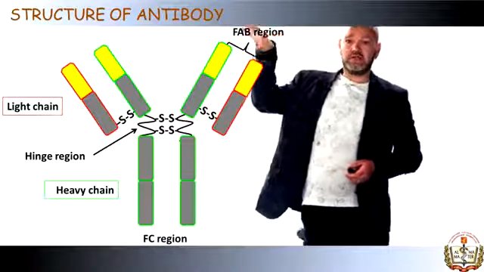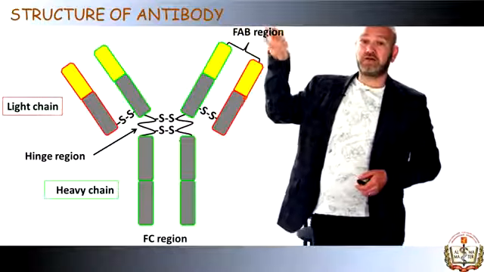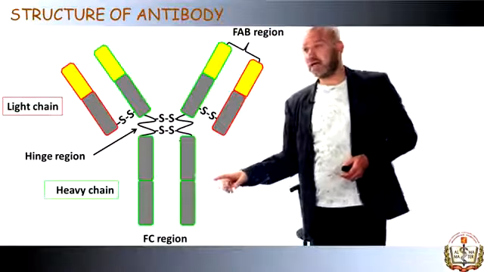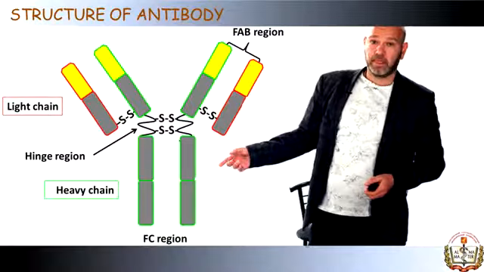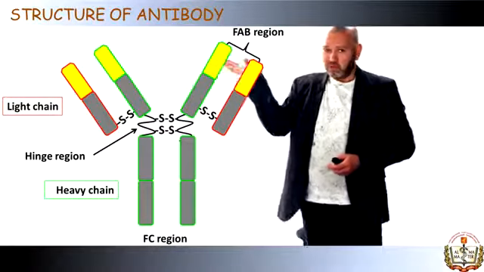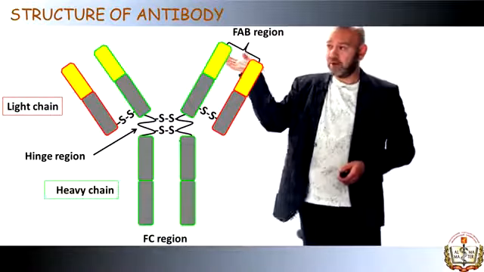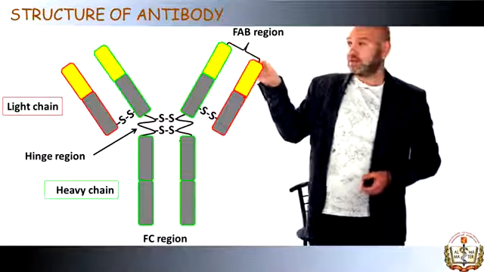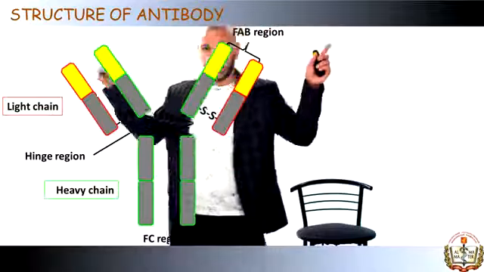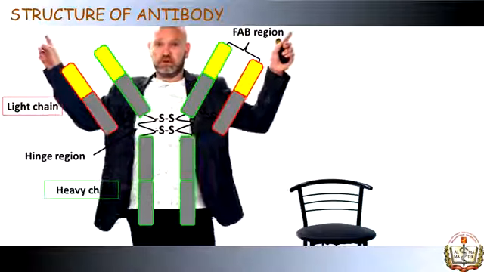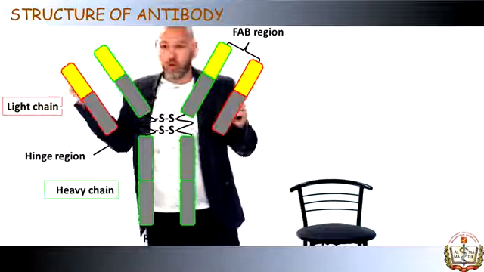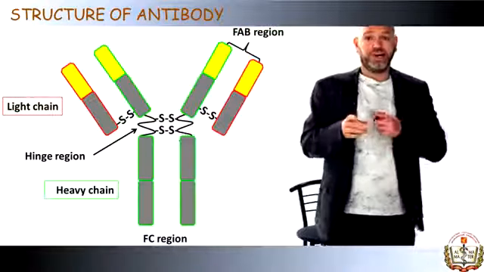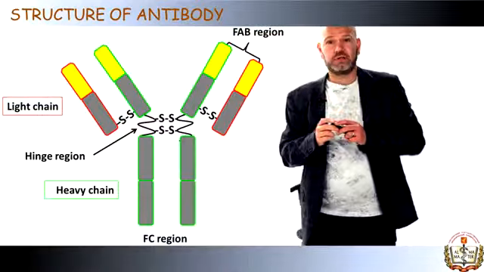It is the FAB, or fragment antigen binding region, and the lowest one is the fragment crystallizable region, or FC region. Obviously the first is required to fix antigen, and as you can see, the antibody has two FAB regions. So one molecule of antibody can fix two molecules of antigen. It is important, please remember.